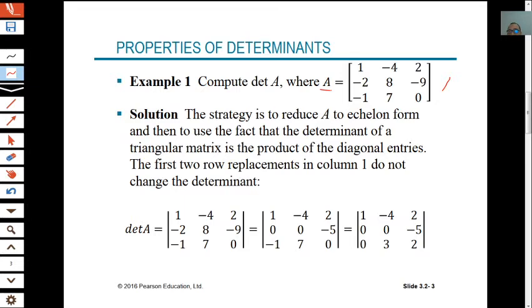Our aim is to obtain a lot of zeros in a row or column. You know, we can expand this matrix along any row or any column when we find its determinant. Okay, first we can find a pivot position to obtain a lot of zeros for a row or a column.